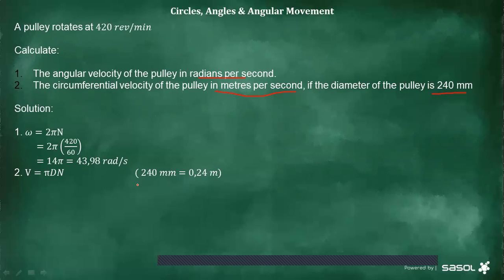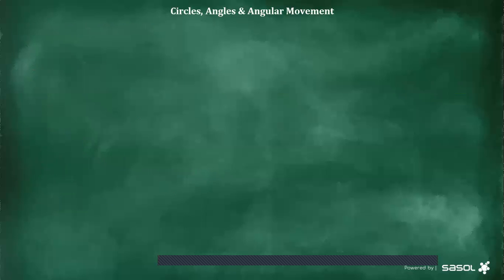We have to convert that first, which is 240 divided by 1,000 when we convert it to meters. So it gives us 0.24 meter. And then from there we substitute the values. Then you press your calculator. Then the answer is 5,28 meters per second. So that is the correct answer for circumferential velocity.